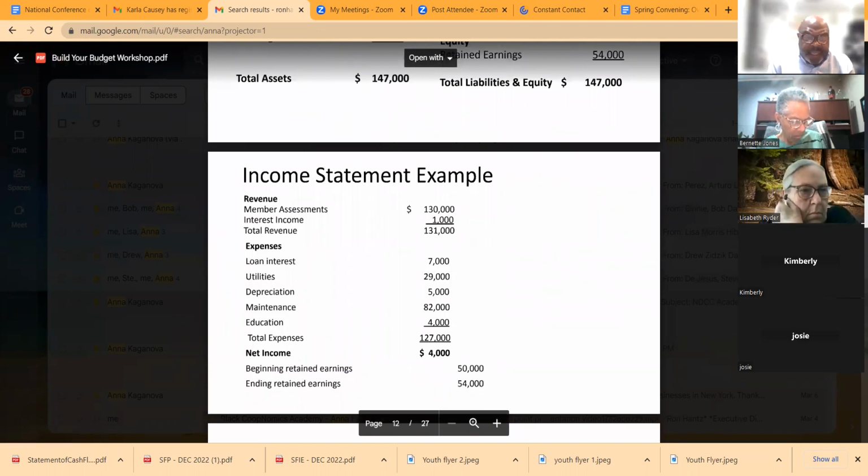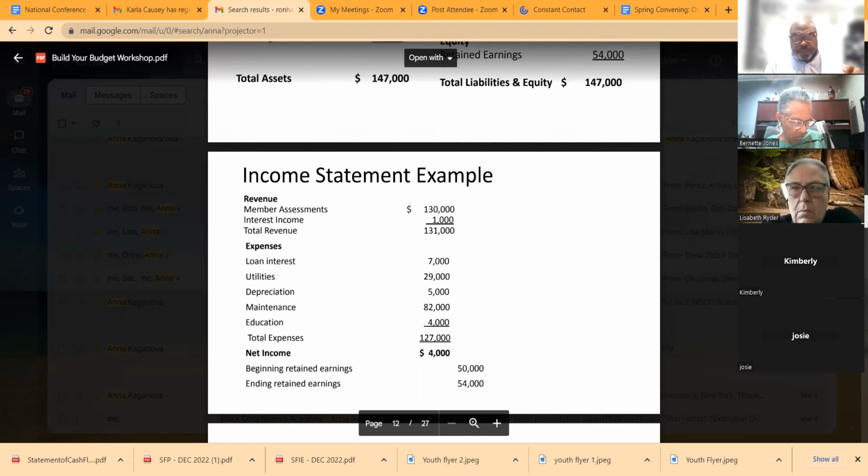All right. Revenue, member assessments. So that will be like the members' dues and what they assess. So that would be, in this example, $130,000. Interest income is $1,000. So that gives her total revenue of $131,000.